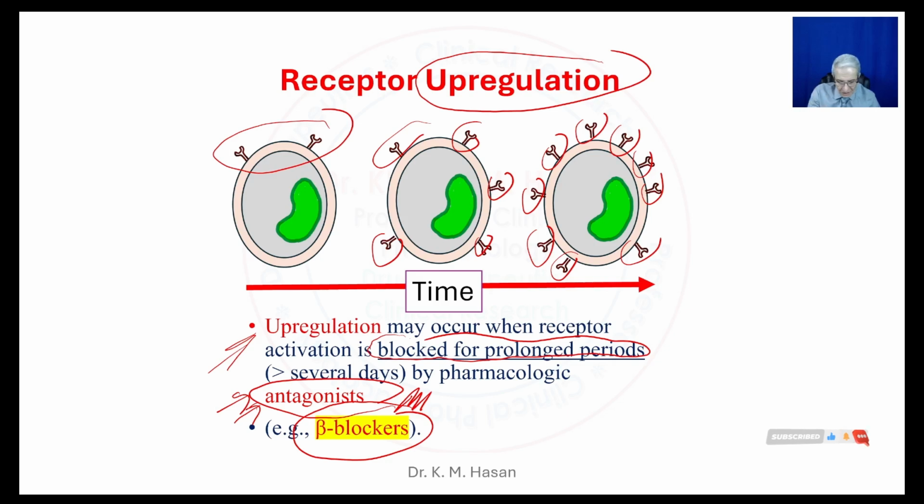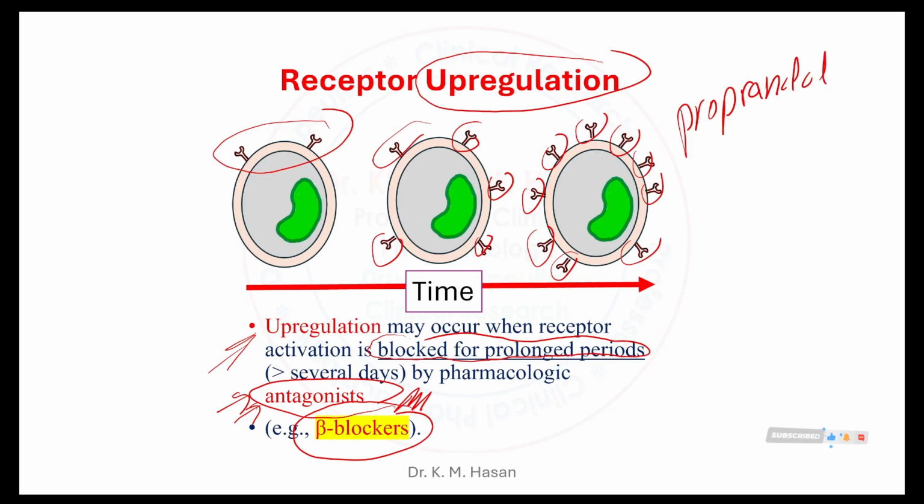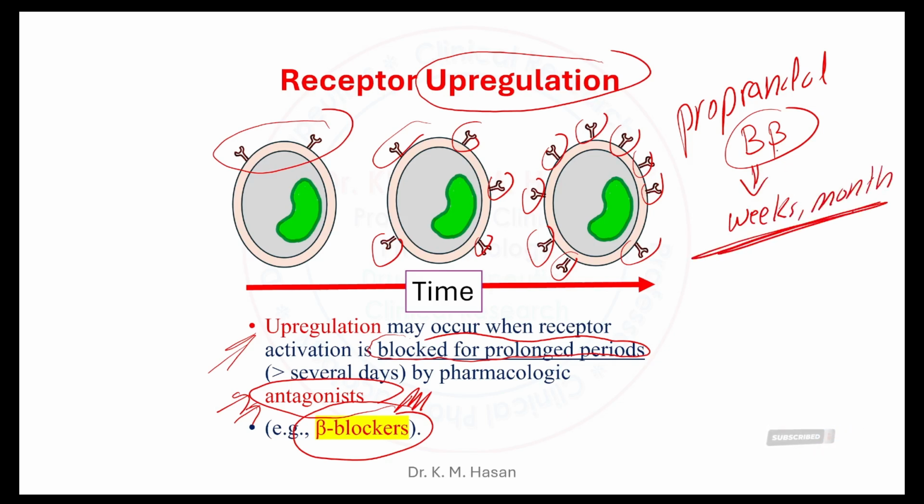Yes. An example of a beta blocker is propranolol. Let me remove the picture here. We have propranolol, considered a beta blocker. If you use it for the long term, for example weeks or months of treatment, with the beta blocker we have a greater number of receptors on the cell surface.